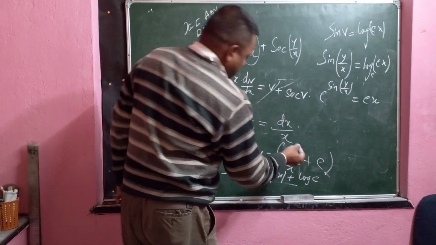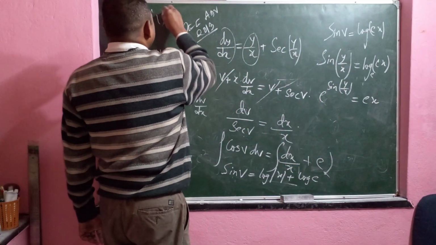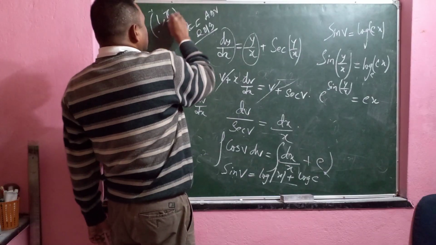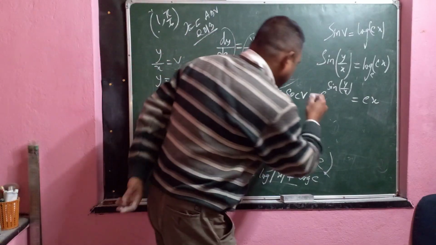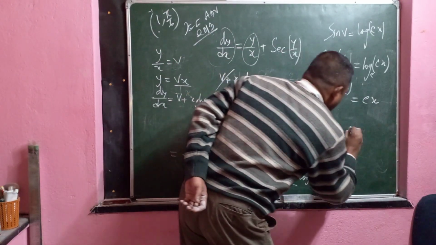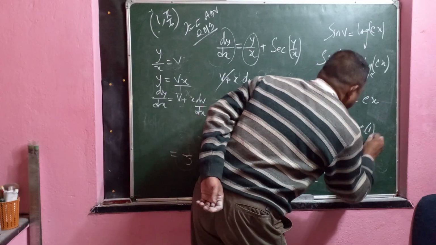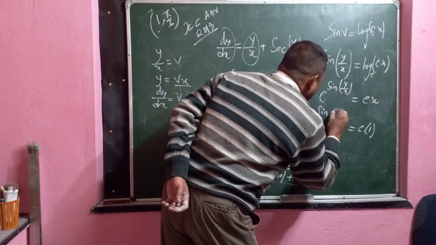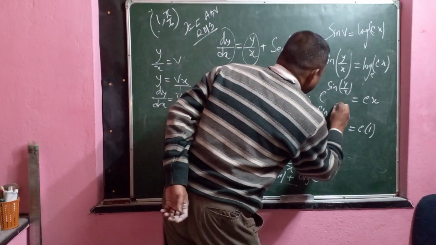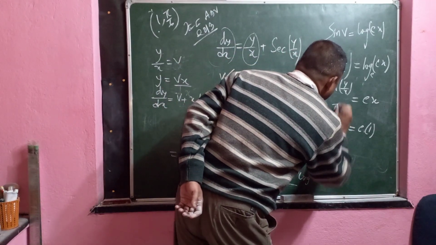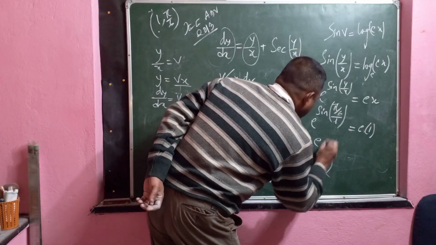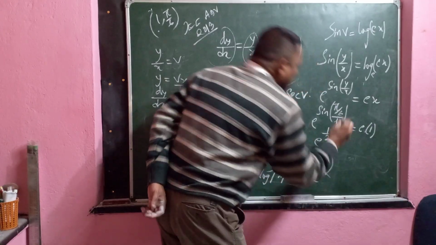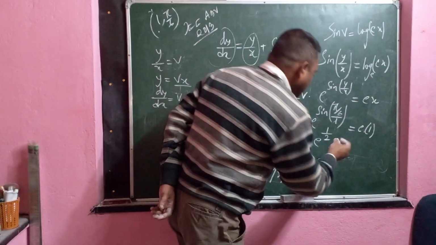The point was (1, pi by 6), so x is 1, y is pi by 6. So c into 1 is e to the power sin(y by x), where y is pi by 6 and x is 1, so that is e to the power sin 30 degrees. Sin 30 degrees is half, so c is e to the power half.